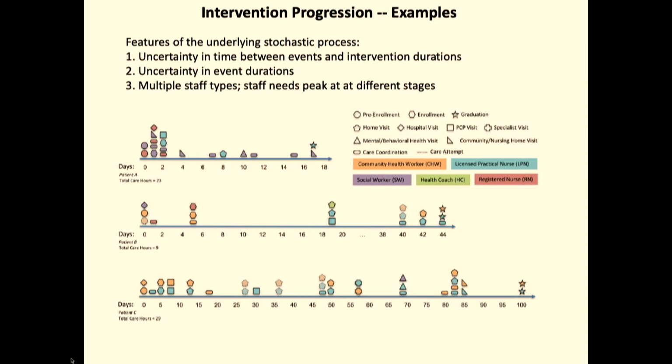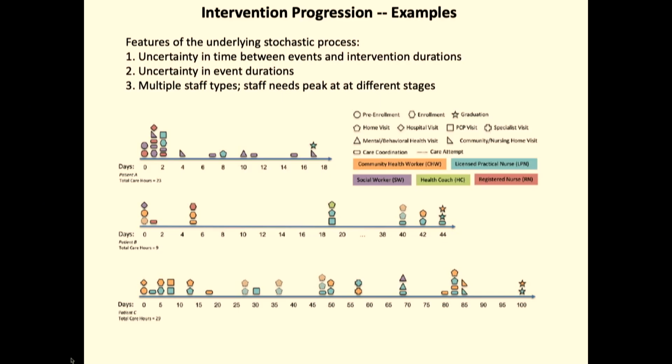The colors tell you what type of staff member worked with that patient on which day. The shapes tell you: was it a home visit? Was it an enrollment visit? Did the staff member accompany the patient to a primary care physician? So you have this kind of longitudinal progression of the intervention, and we have this for, I think now, close to 800 to 1,000 patients.